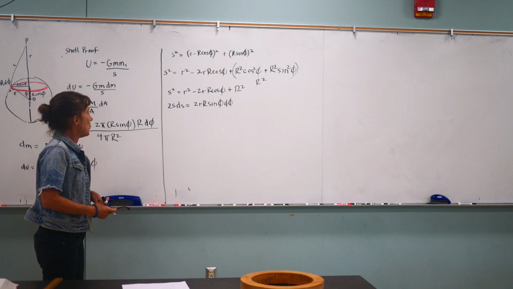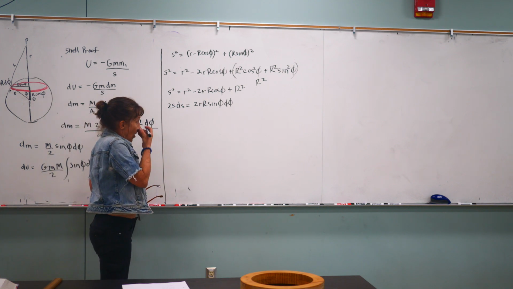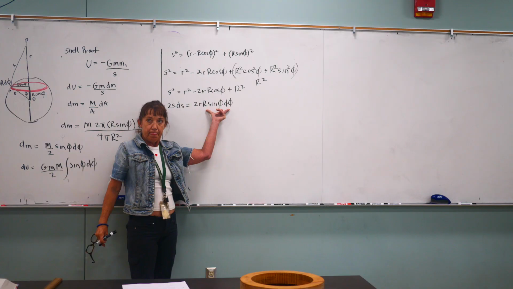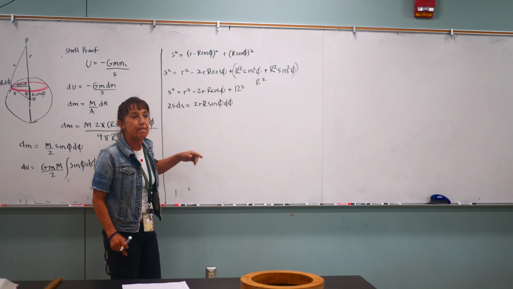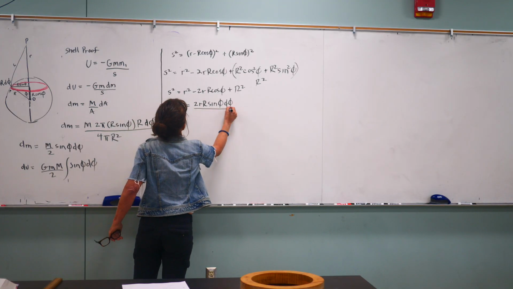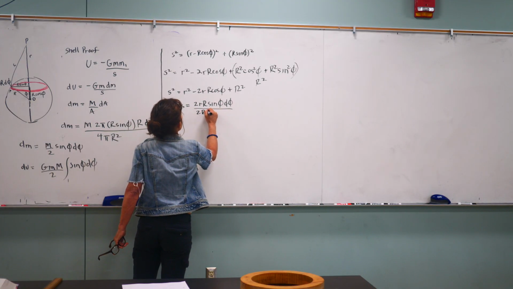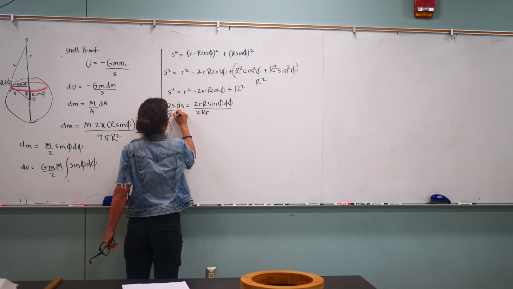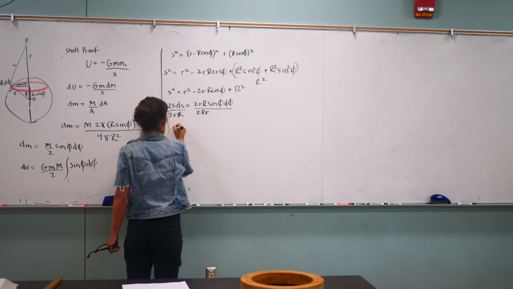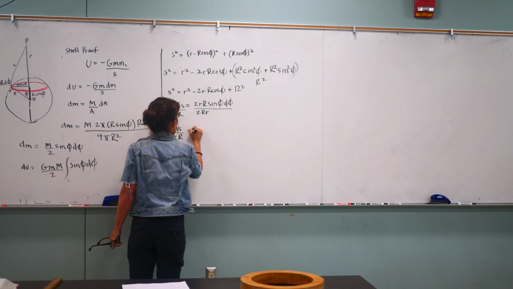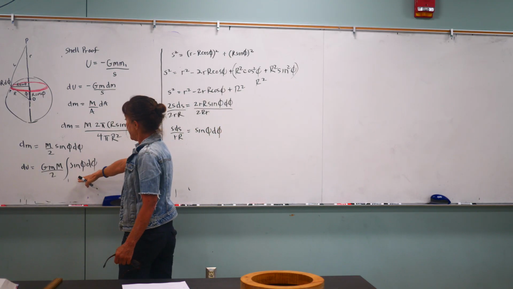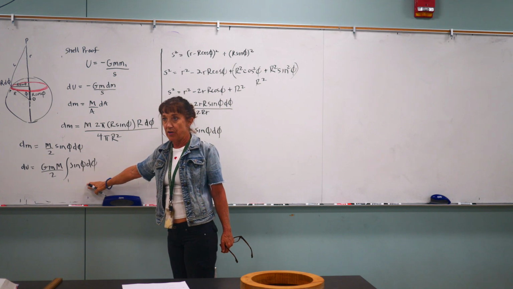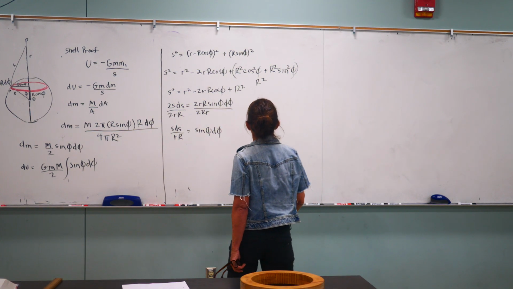I'm interested in this term right here because it's in my integral. So I'm going to divide both sides by 2rR. So I get S dS over rR equals sine phi d phi. There, right there. I'm going to go back there and pop that in there.